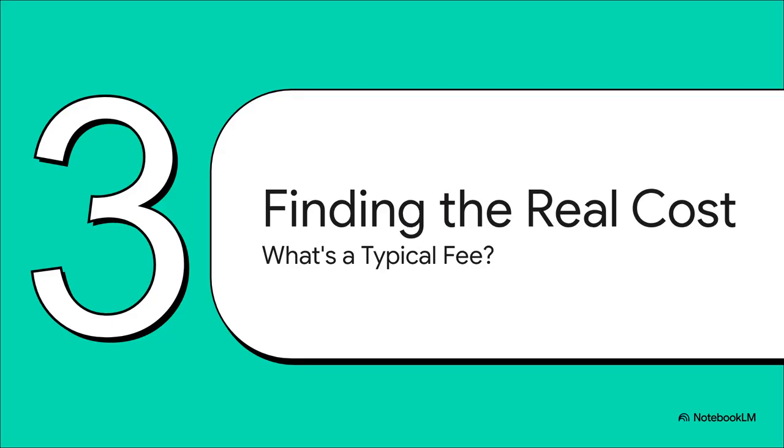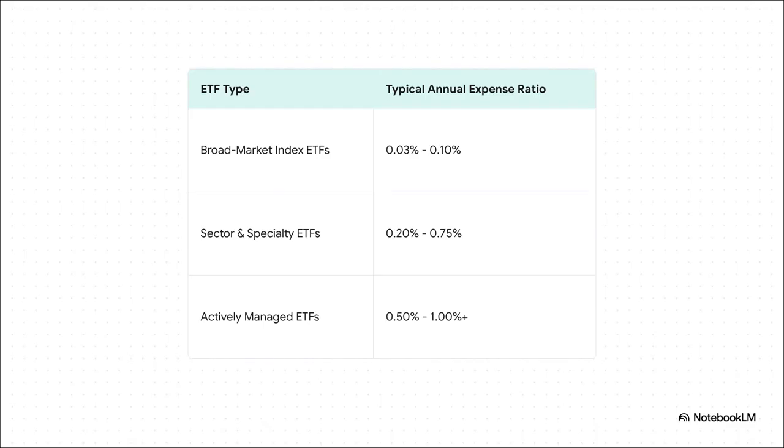So what's a typical fee then? What should you actually expect to see out there? Let's take a look. The general rule is pretty simple. The simpler the fund, the lower the cost. Your broad market index ETFs, the ones that just track the S&P 500 or the total stock market, those are dirt cheap. But as soon as you start getting into more specialized funds, like ones that focus on a specific sector like tech or healthcare, or ones that are actively managed by a team trying to beat the market, well, those costs start to climb a lot, sometimes even over 1%.